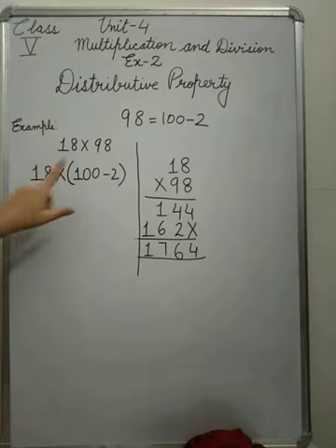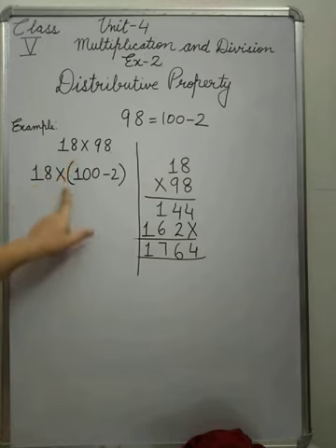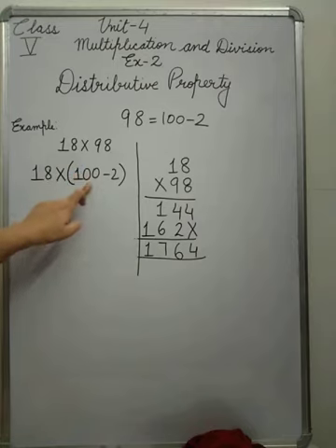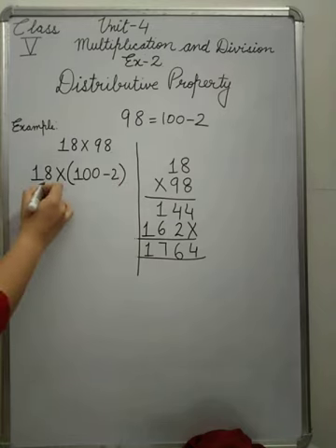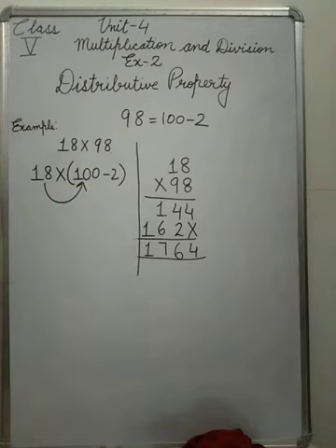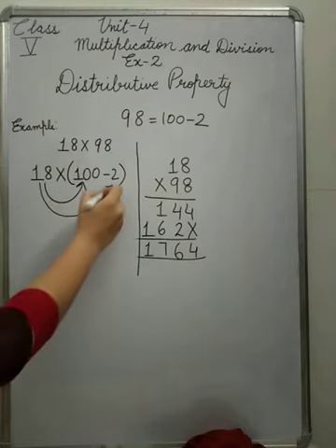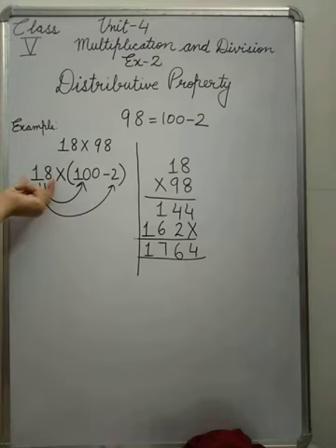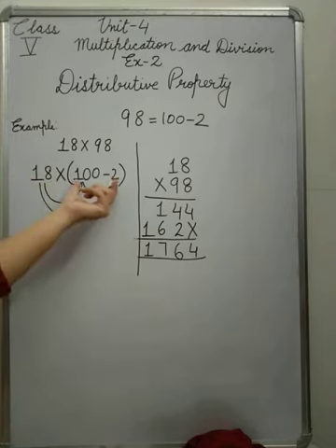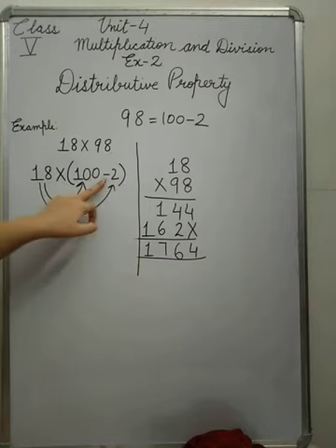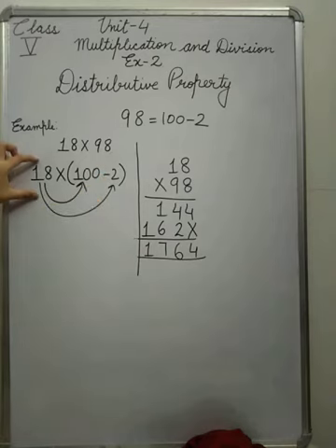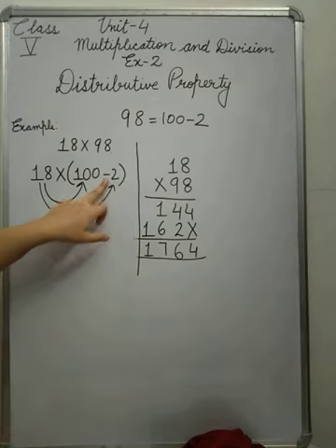See, 18 is outside the bracket, so that means this 18 will go with this 100 also, and this 18 will go with that 2 also, because here 18 is distributed to these 2. And over subtraction, the subtraction sign is there, that's why we say distribute this number over subtraction.